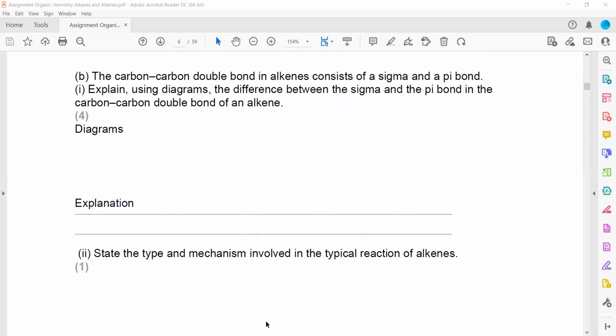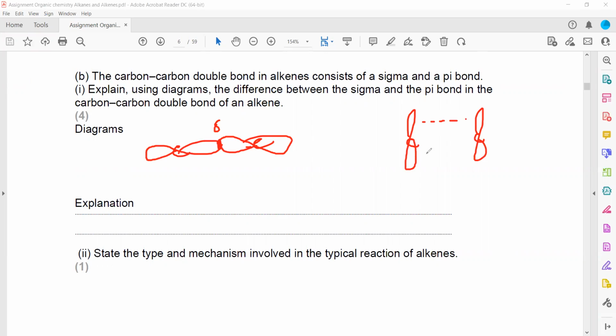The carbon-carbon double bond in alkenes consists of a sigma and a pi bond. Use a diagram to show the difference between the sigma and the pi bond. So what are sigma bonds? They are formed by complete overlapping of the orbitals. And what are pi bonds? They are formed by partial overlapping. If you want to represent a sigma bond, like this is one carbon and there's another carbon, the orbitals will overlap to form a sigma bond. But what about pi bonds? When the axes are parallel, the orbitals cannot overlap fully, so they will have an attraction.